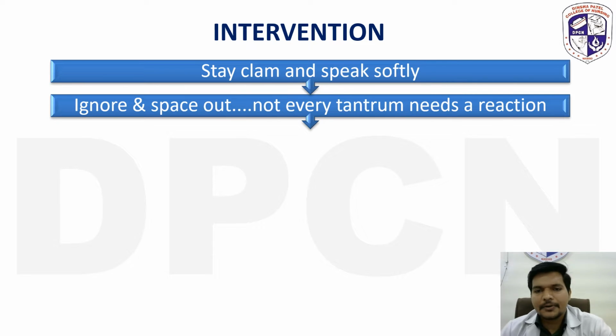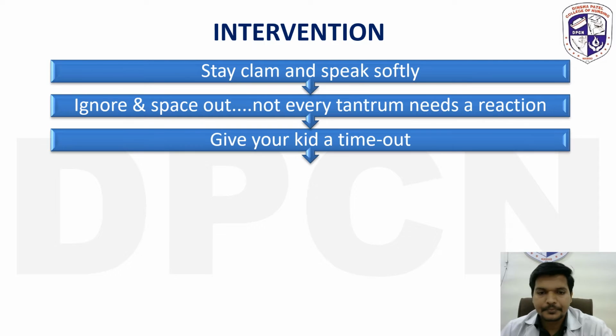Ignore and space out. Not every tantrum needs a reaction. The second intervention is to ignore and space out. Whenever you observe such a tantrum, just ignore it and do not respond. Ignore the tantrum or anger and give the child some space for some time. You do not have to react to every tantrum.